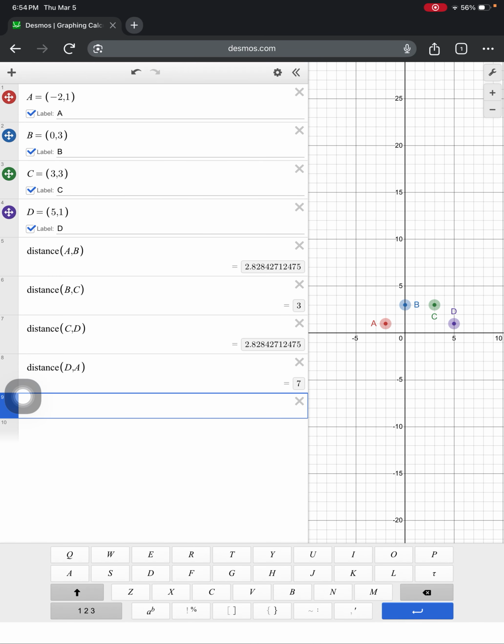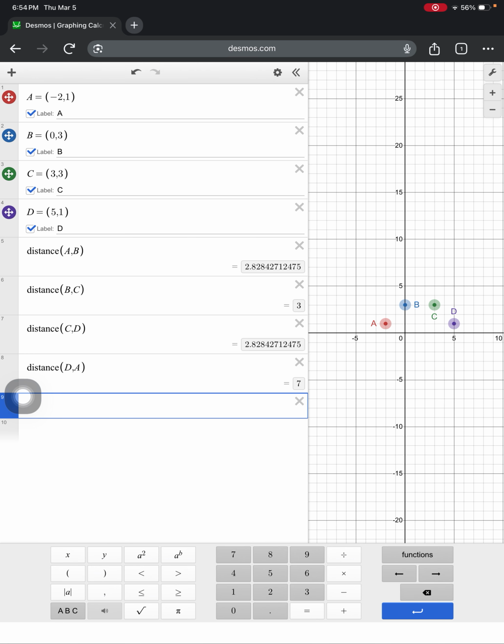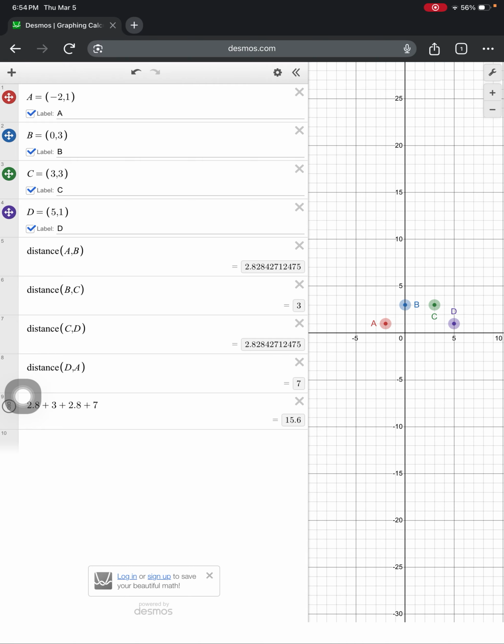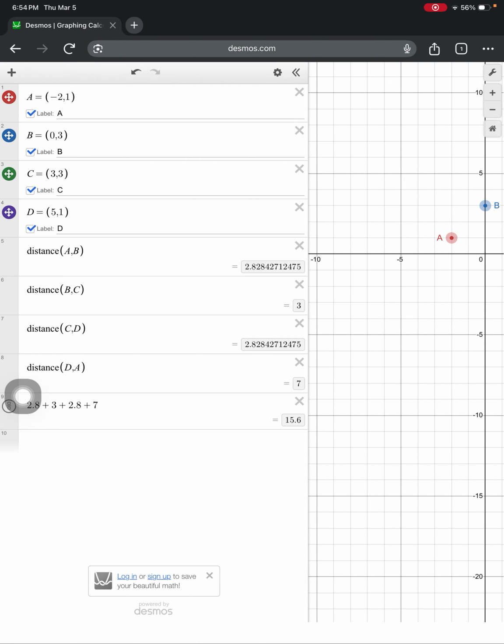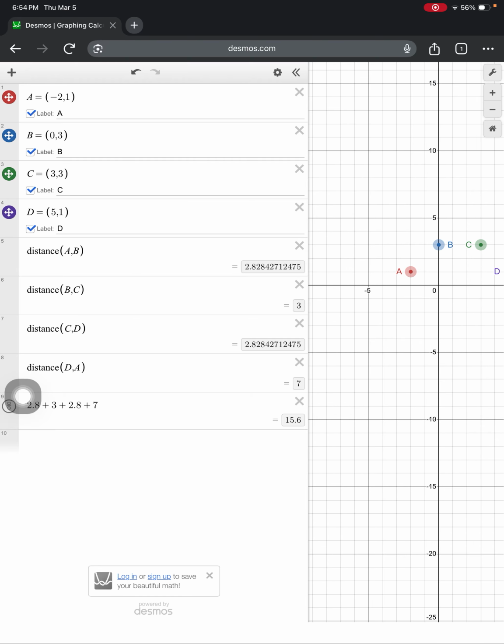2.82, etc. We need to round it to be like 2.8, then plus 3 plus 2.8 and plus 7, and the answer is 15.6.